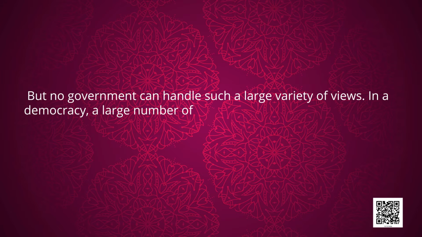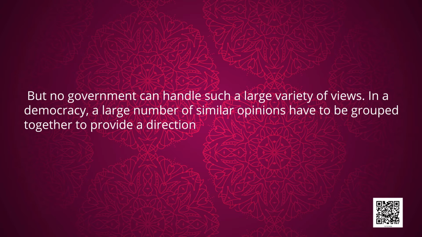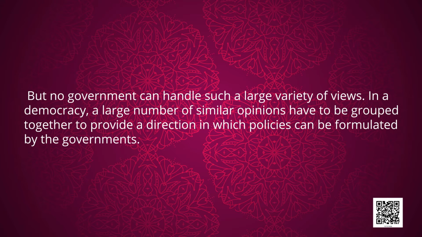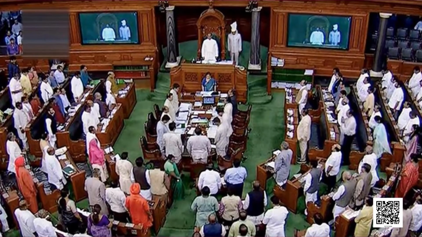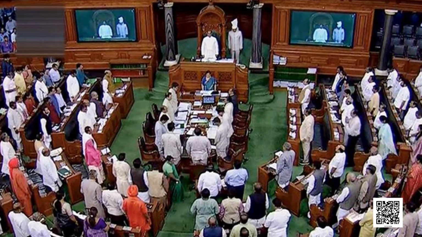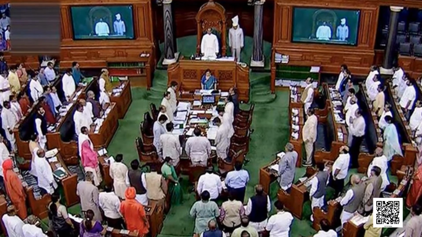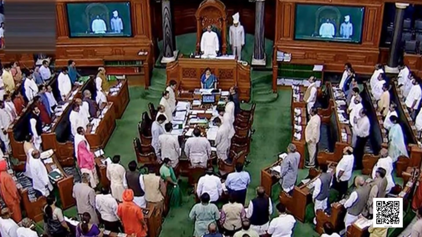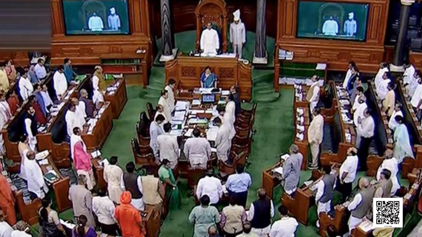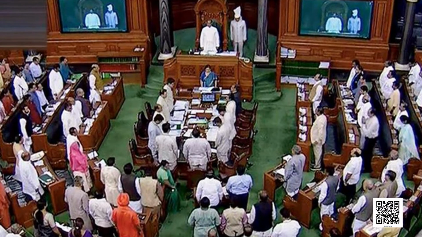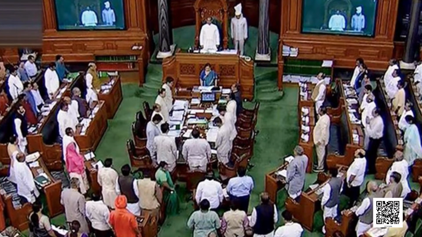In a democracy, a large number of similar opinions have to be grouped together to provide a direction in which policies can be formulated by the governments. This is what the parties do. A political party reduces a vast multitude of opinions into a few basic positions which it supports.